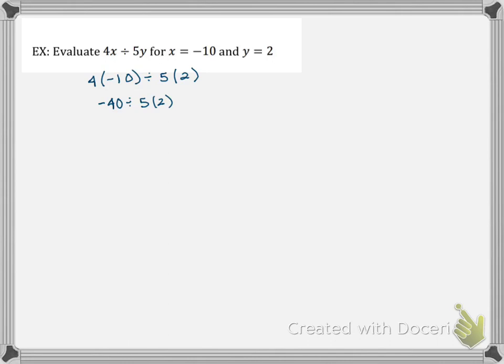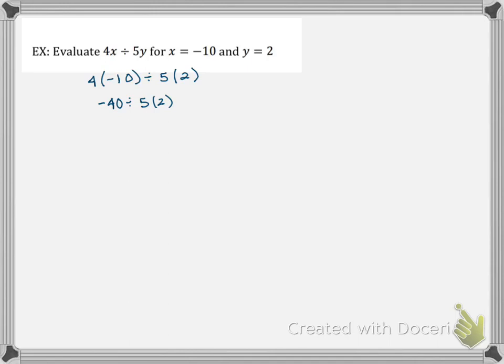But remember, that step really means do operations inside the parentheses. Here we just have numbers inside the parentheses, so those parentheses aren't grouping any operations. They don't tell us that we have to do 5 times 2 and 4 times -10 first. That's multiplication, right? So we do multiplication and division from left to right.